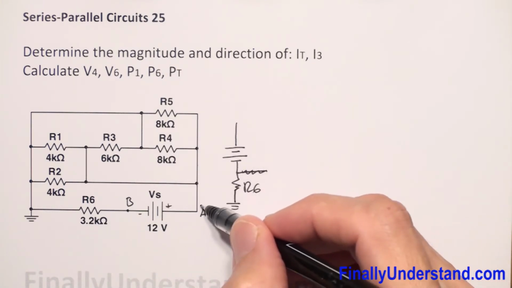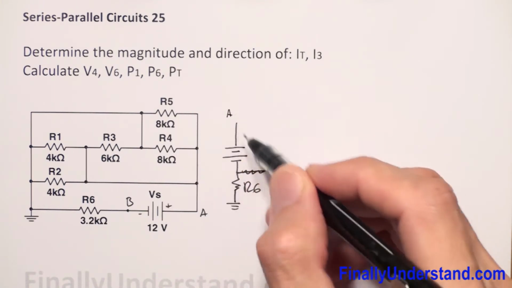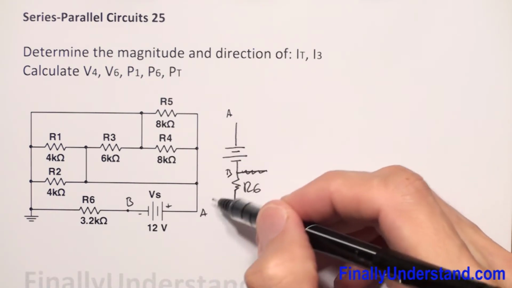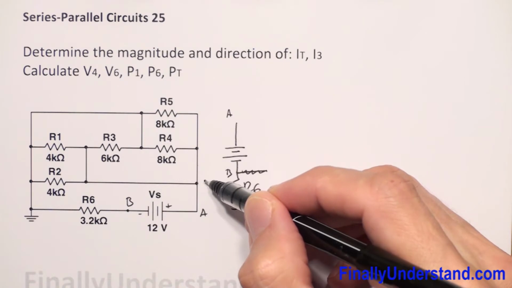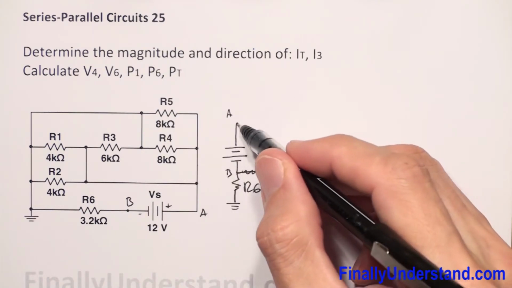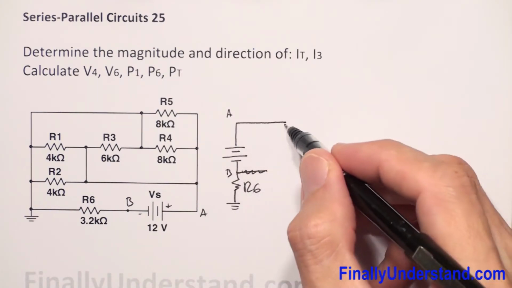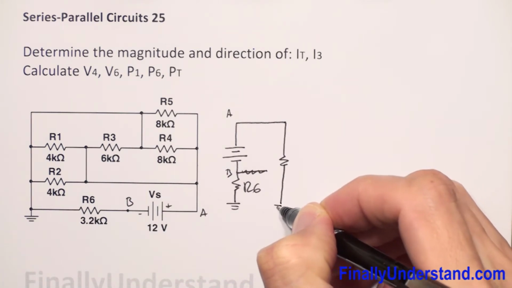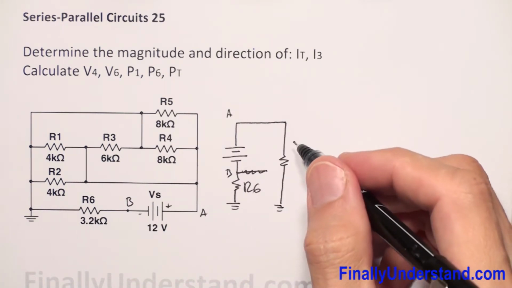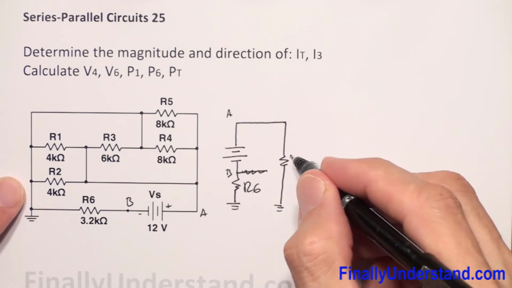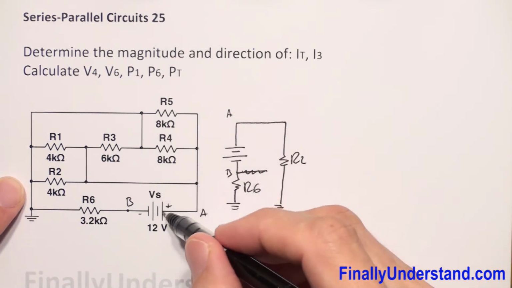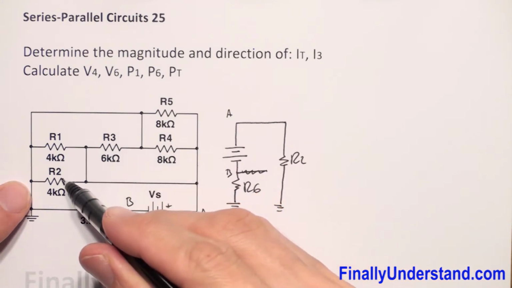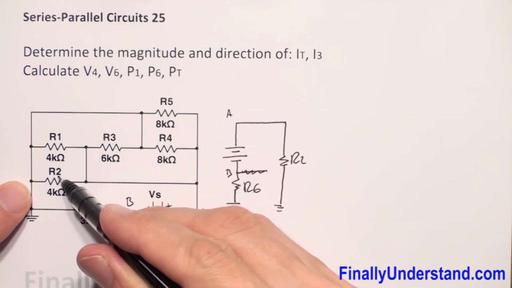Positive terminal, okay, this is my A terminal, this is my, by the way, B. A is connected to resistor R2 and resistor R2 is connected to the ground. One more time. Positive terminal is connected to what? To R2, right?